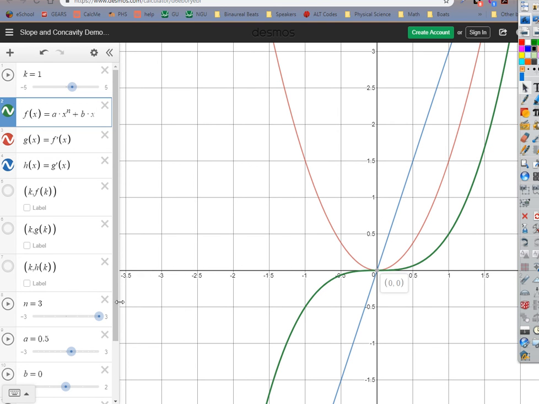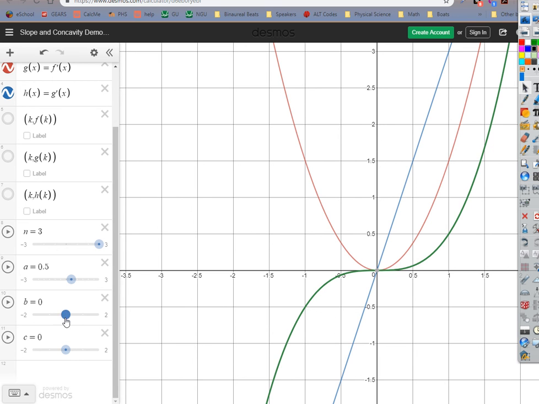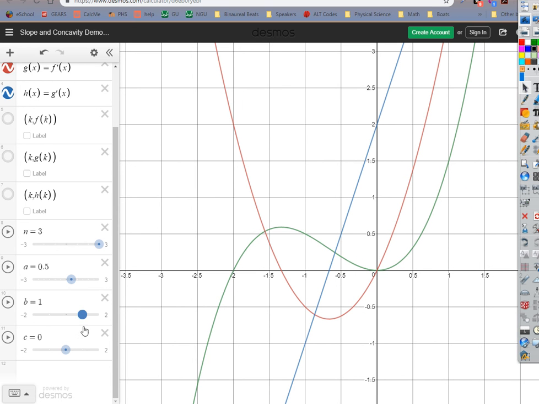One last thing. I think I had this set up. Yeah, how about that? Okay. Here's the one I really wanted to get to. So once again, this is F, this is F prime, F double prime. Okay, does that make sense?